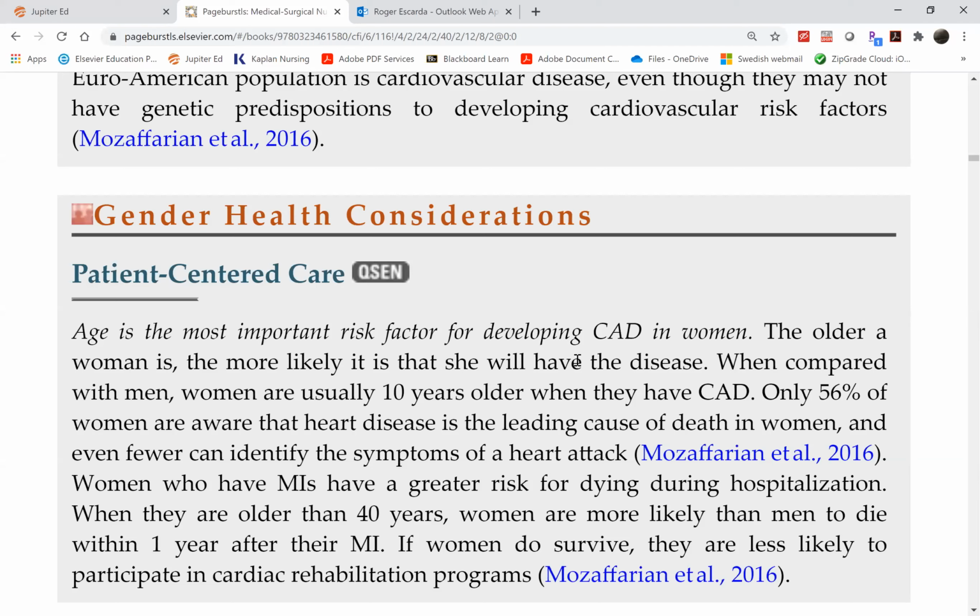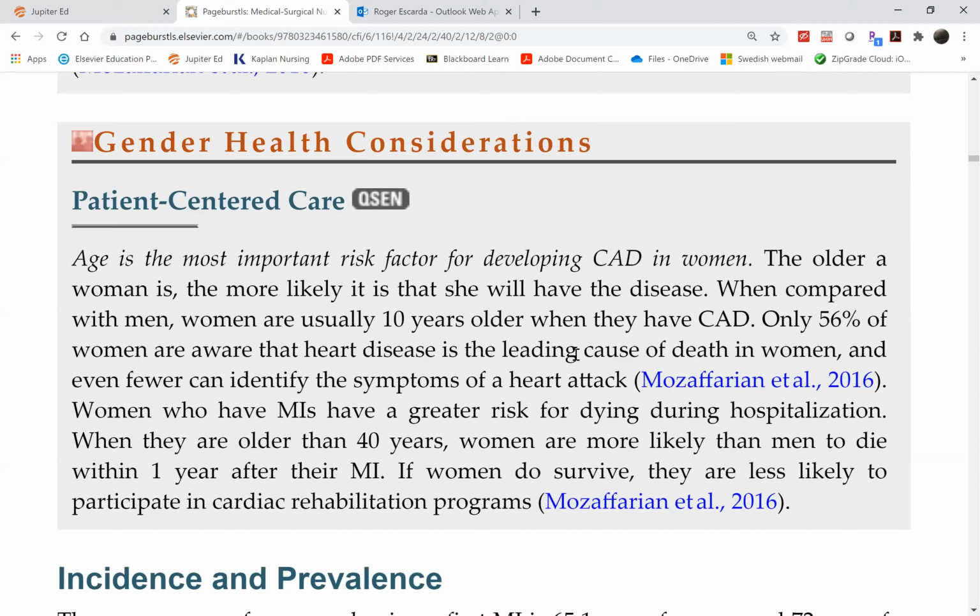They have vague manifestations. Most women have non-STEMI rather than STEMI. And because they have atypical chest pain, or sometimes may not have any chest pain at all, heart disease is the number one killer in women, or at least one of the top killers.